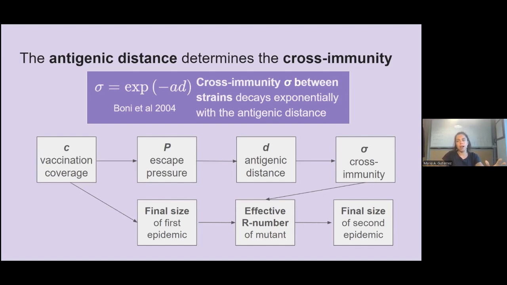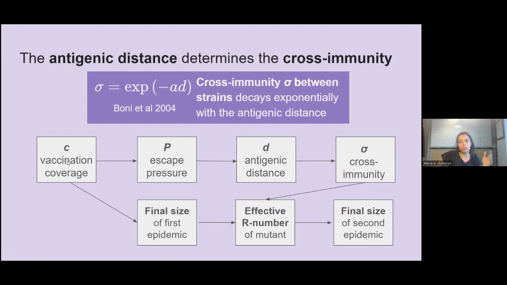And once we had the cross immunity, we can use that to calculate the final size of the second epidemic. But remember that it's all quite interrelated, because if we start with the vaccination coverage, which is really the main variable in our model, that affects the escape pressure, and so in turn the antigenic distance and the cross immunity.